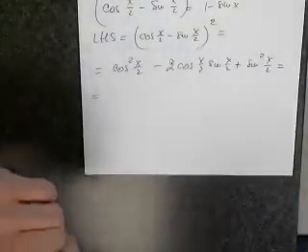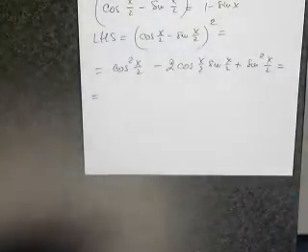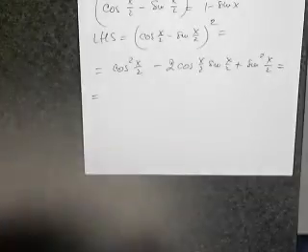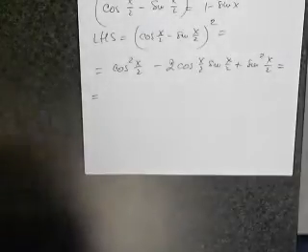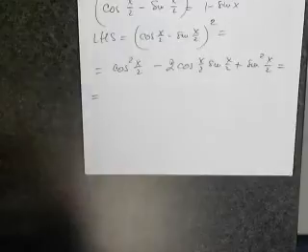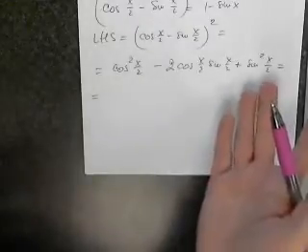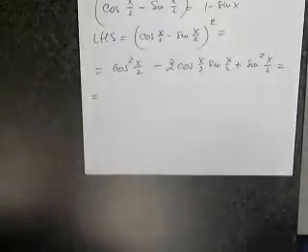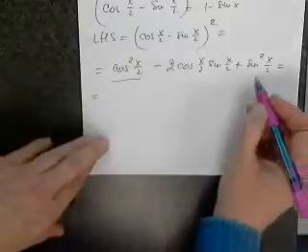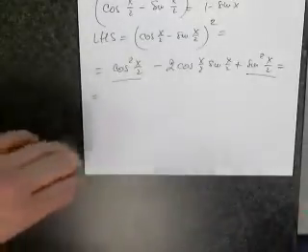Now I'm looking at these three terms, and I should be able to identify something. What? Exactly. Cosine squared of an angle plus sine squared of that same angle is 1.